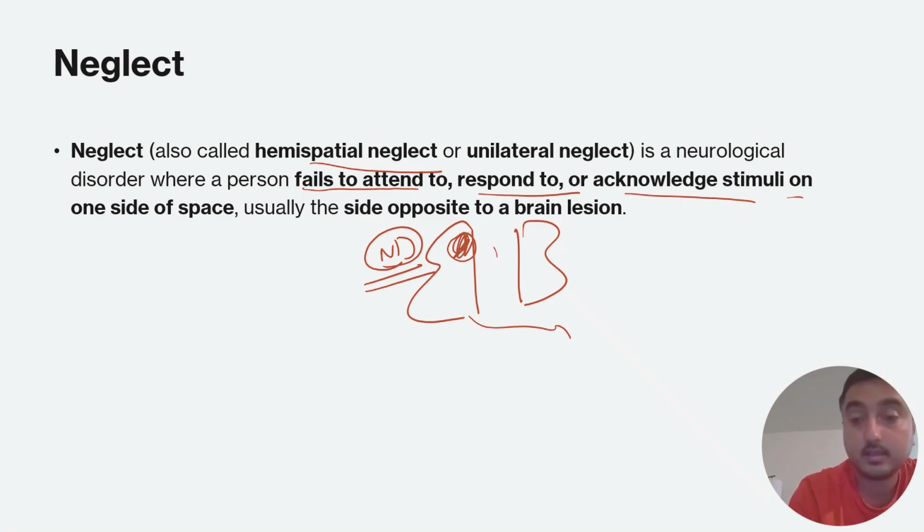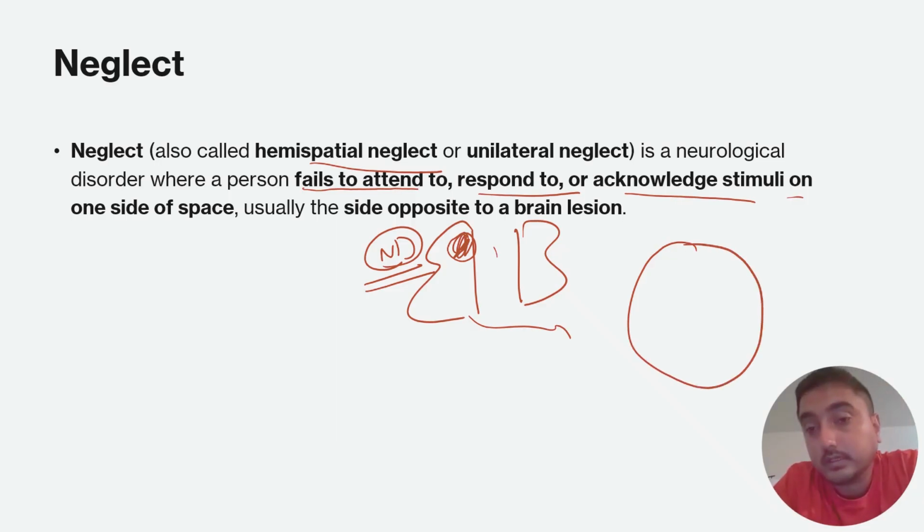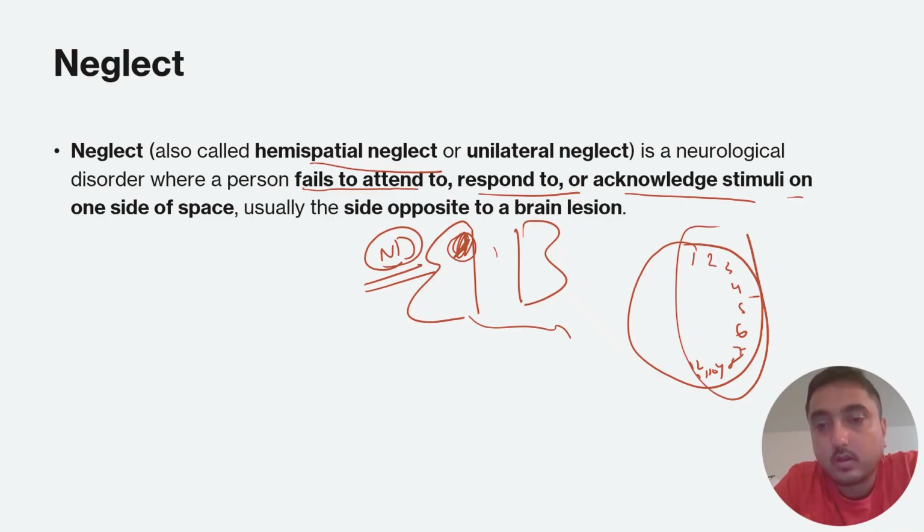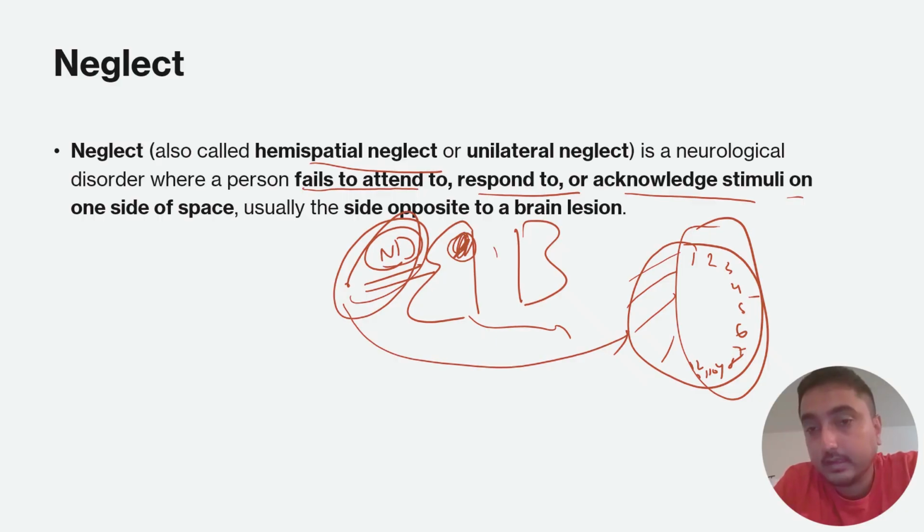So if you ask this person to draw the clock face with the numbers in it, he or she might draw something like this, like all the numbers he or she would put in one side of the clock while neglecting the left side, because the stroke is in the right side. So this basically is neglect.